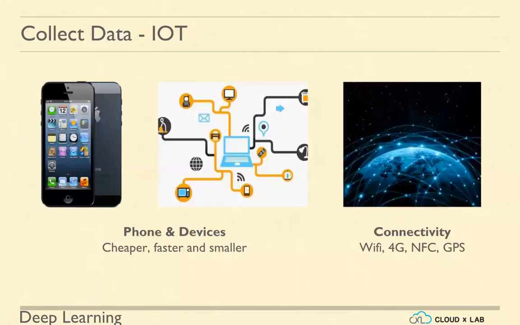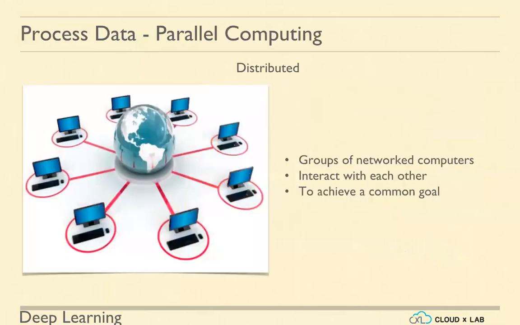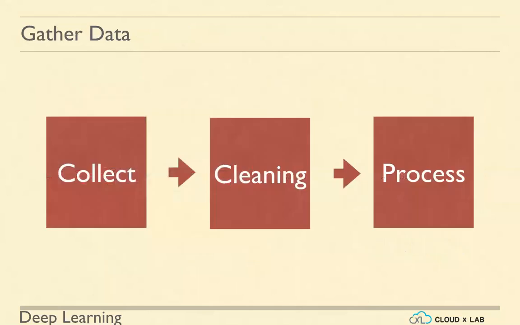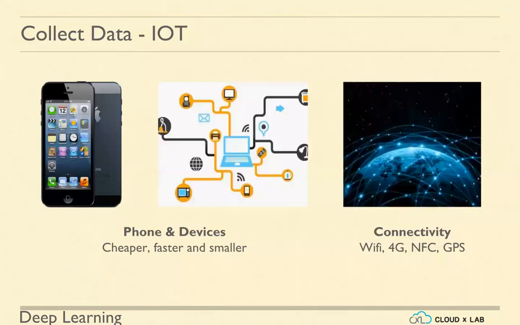So, collecting a humongous amount of data and cleaning it using the many computers that are involved. Okay, so let me go back once more. Essentially what I'm saying is that we require data and intelligence, and for data we need to collect, clean, and process. For collecting, we could use classic programs which crawl websites and download the data, or we could use IoT devices.